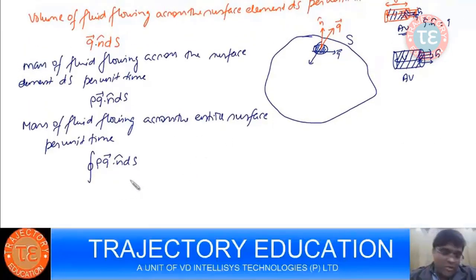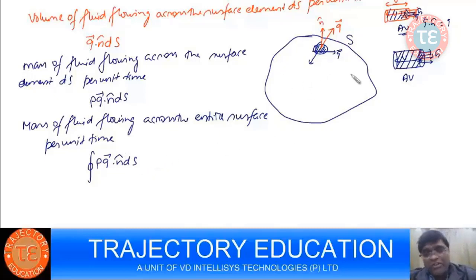This is called flux. The flux of rho q across the entire surface gives you the mass of fluid flowing across the entire surface per unit time. So if the fluid is flowing out, what do you say about the mass of the fluid inside? If this is positive, it means fluid is flowing out.